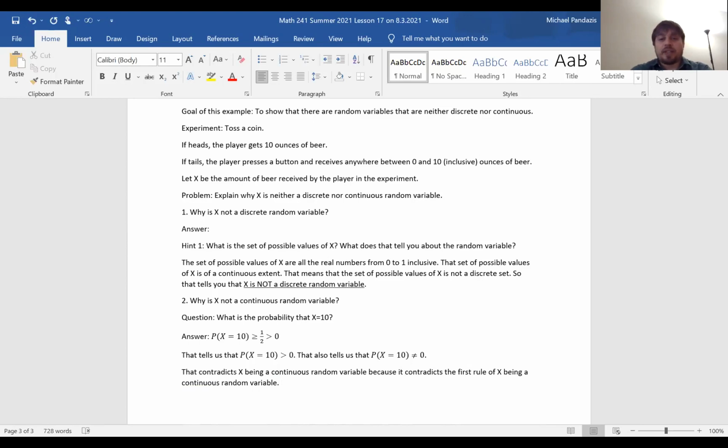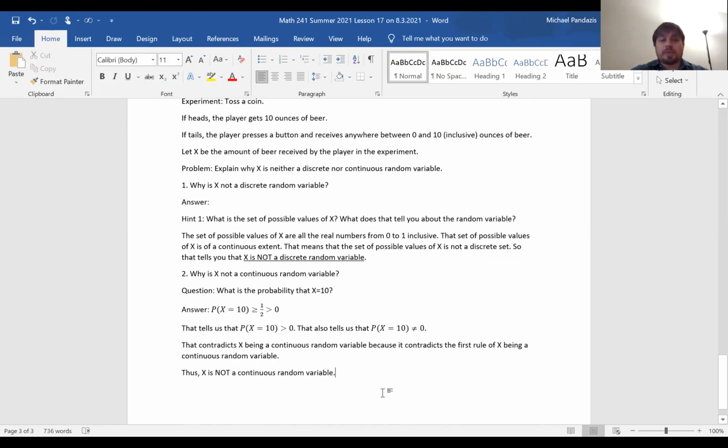Okay, so thus x is not a continuous random variable. By the way x is defined, it fails to be a discrete random variable, and it also fails to be a continuous random variable.